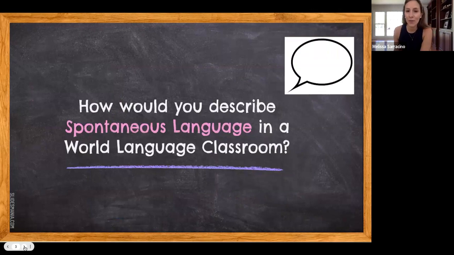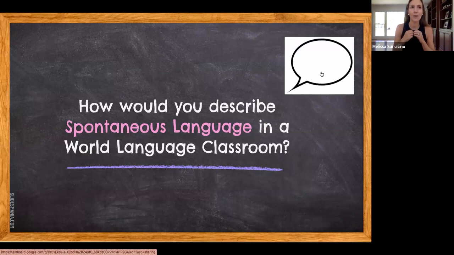So I have a question for everyone, and this is how we're going to begin our session. I created a Jamboard, and I'd love to hear how you would describe spontaneous language and what that looks like in the world language classroom. I am going to share the Jamboard in chat, and I was hoping that we can all write a response, and we'll go over them before I dive into the session today.